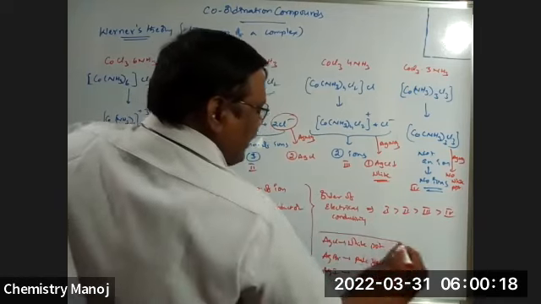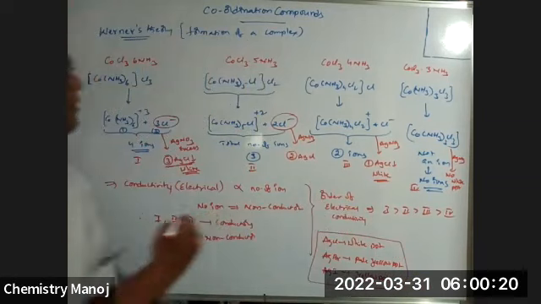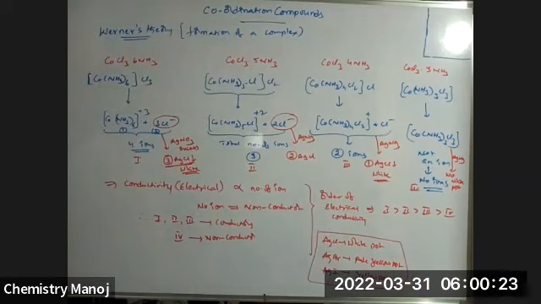So a number of times in your objectives, he asks how many moles of yellow precipitate or white precipitate are formed. So these are the situations.